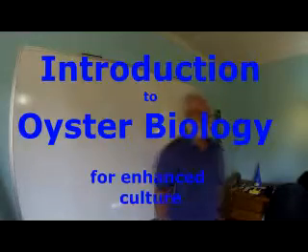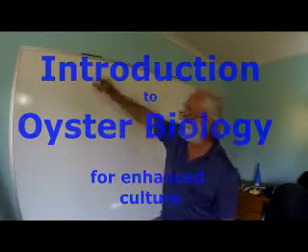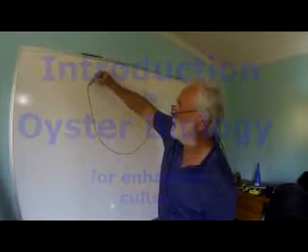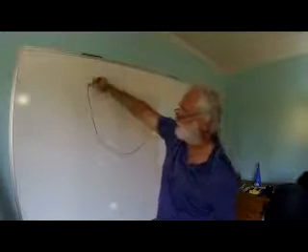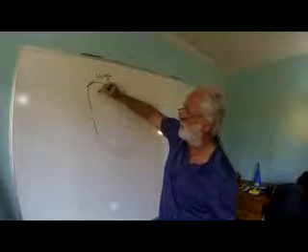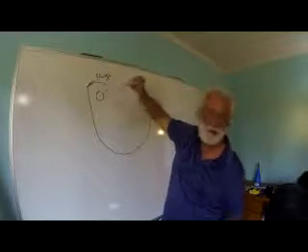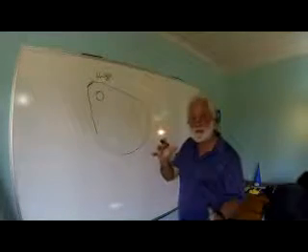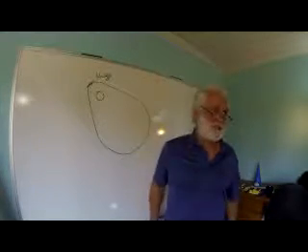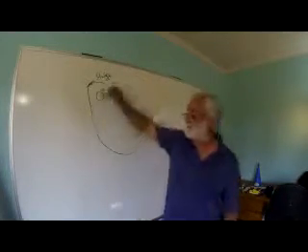In simple terms, oyster biology, we're dealing with a bivalve oyster. The part by which it hinges is called the hinge. The muscle that holds that hinge and the two bivalves together is the adductor muscle.